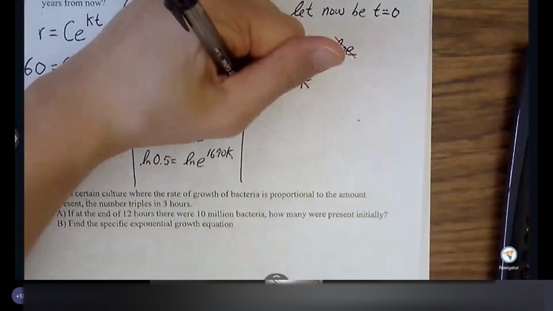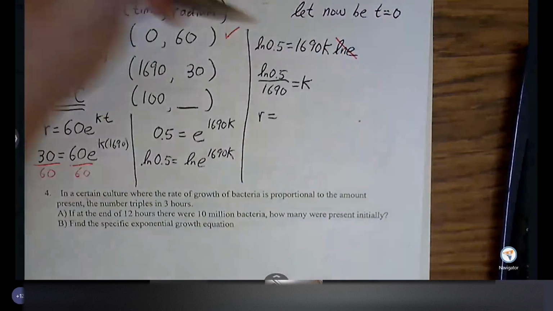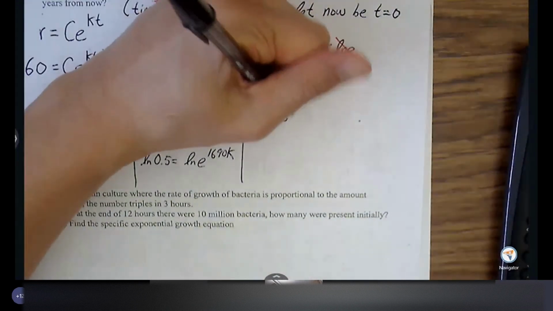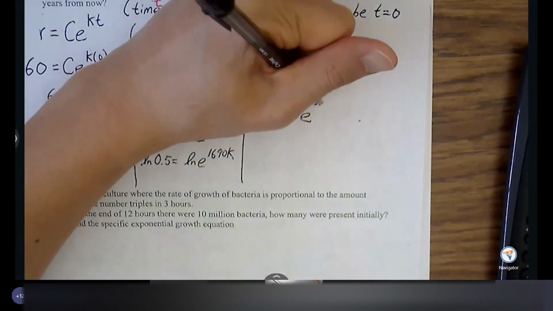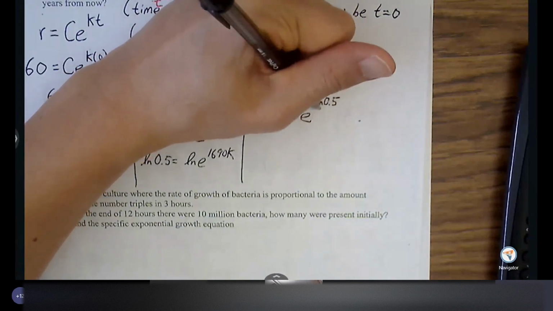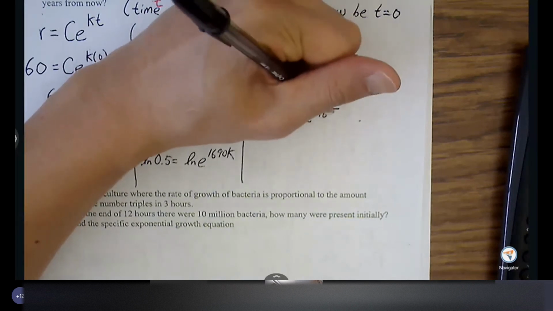Okay, let's create our specific equation now that we have full information. Hold on to your K value. Don't create a decimal out of it yet.